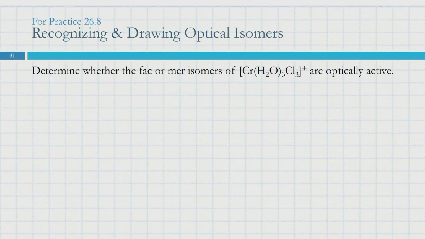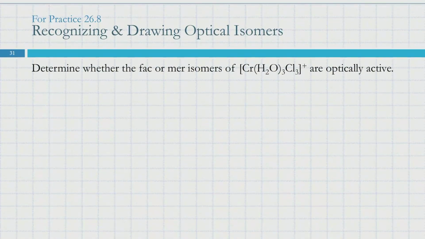Let's see if we can figure out whether the FAC or MER isomers of these compounds are optically active. So first thing we're going to need to do, of course, draw out the FAC and MER isomers. We did this already.